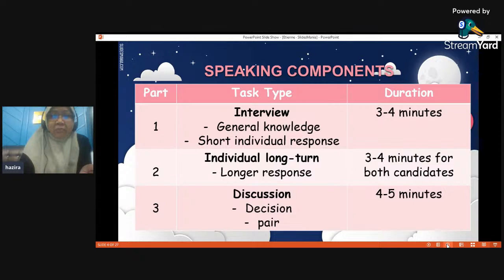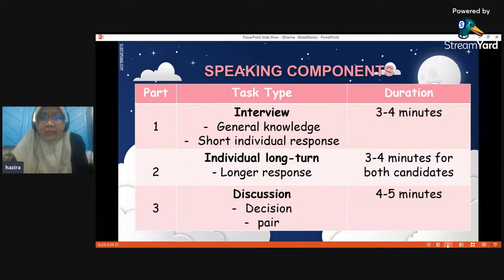And the last part is the discussion part, where you are going to discuss with your friend, with your partner. You are going to talk about a topic, then come up with a decision that both of you agree to.